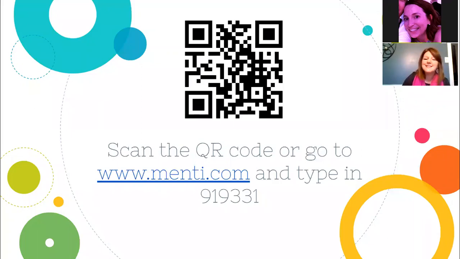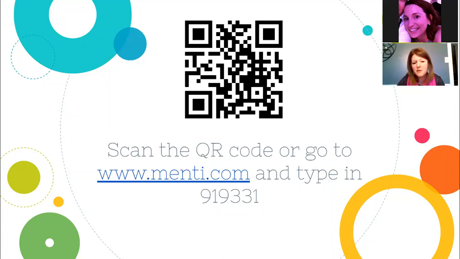All right, so for us to get to know one another a little bit better, I thought I would have you do something on Mentimeter. You can use your smartphone to scan this QR code on the screen, or you can go to menti.com and type in this brief code. And whenever you go there, there will be 3 questions for you to answer. I'm going to give us about 1 minute to get settled into doing that, and then we'll share out our responses before we get back to the presentation.